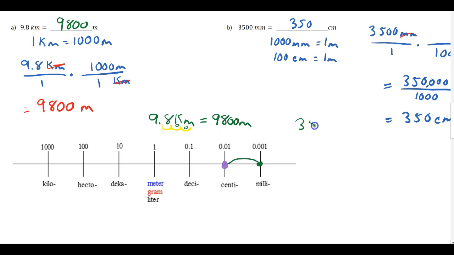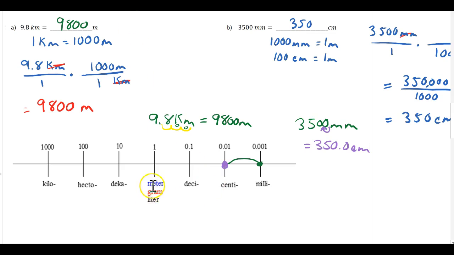So if I start out with 3,500 millimeters, I'm going to move my decimal that starts here one place to the left, giving me 350 centimeters. Notice it's the exact same thing. Again, you can do it either way. It does not matter, okay?